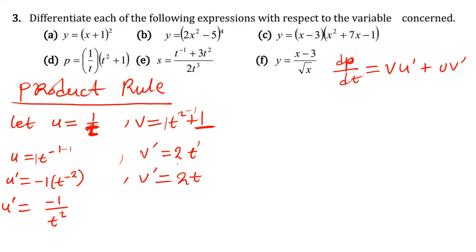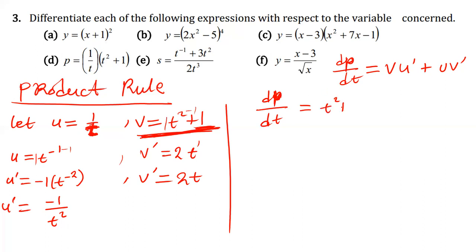Now it's just a matter of replacing what I've found in the equation. So to find dp/dt, where is v? My v is simply this part here, which is t squared plus 1.